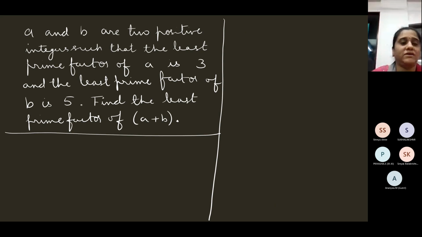Okay, so A and B are two positive integers such that the least prime factor of A is 3.